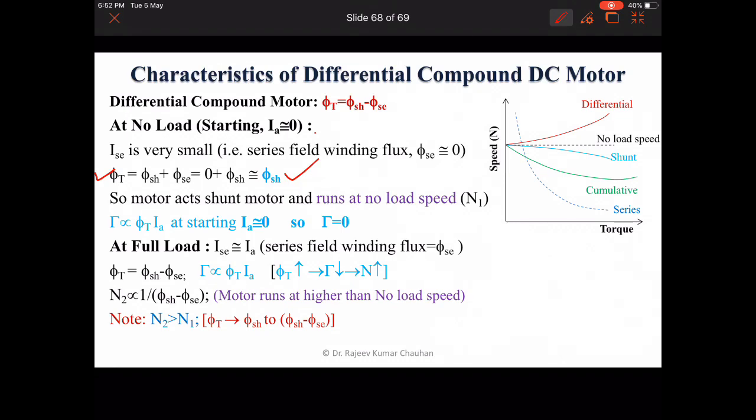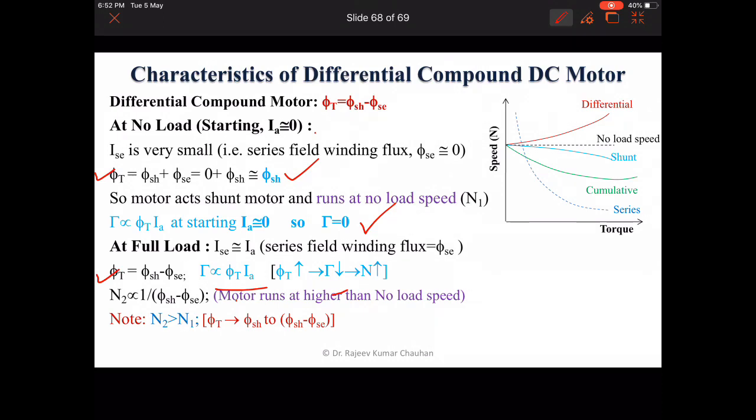At IA equal to 0, tau is 0. At full load, IA is equal to ISE. Therefore, phi t is equal to phi SH minus phi SE. So we can see that torque is proportional to phi IA.